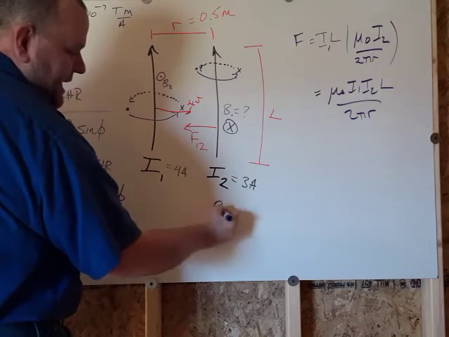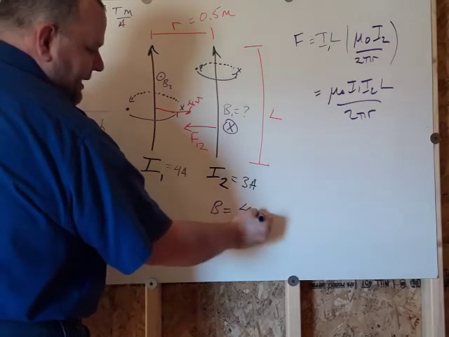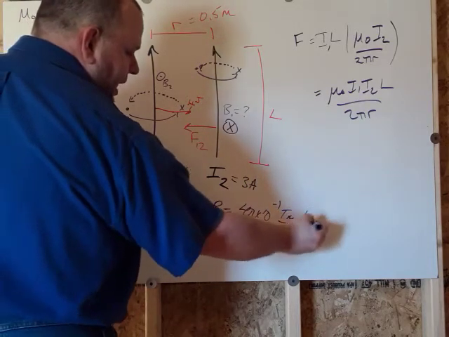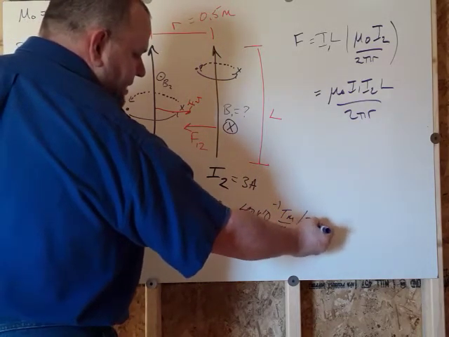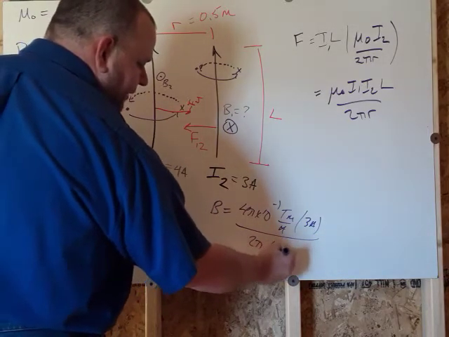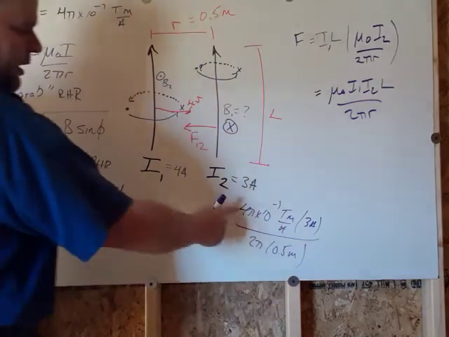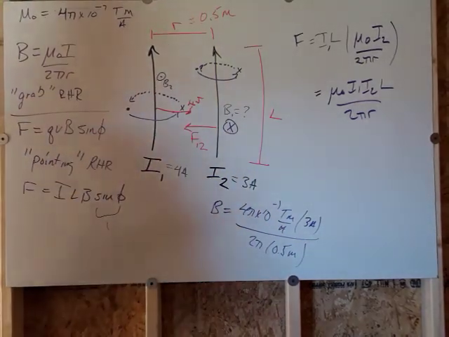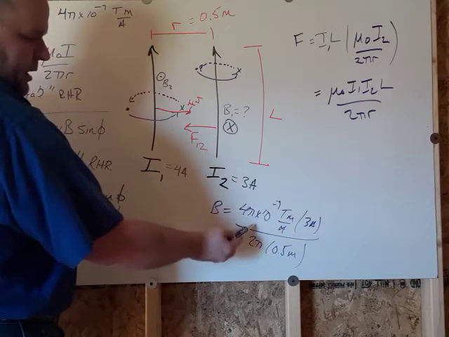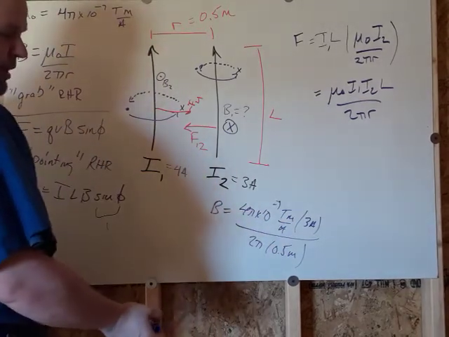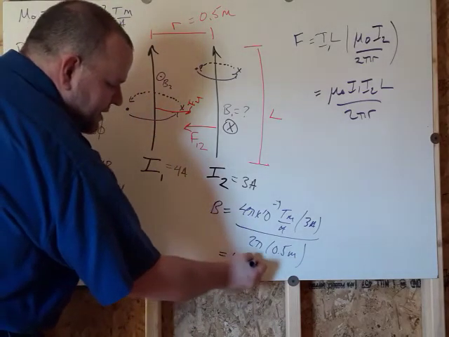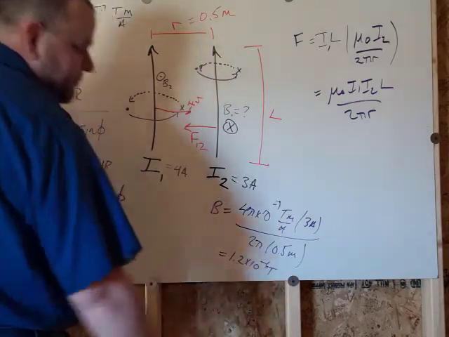That is, B is 4 pi times 10 to the minus 7 Tesla meter per amp times 3 amps over 2 pi times 0.5 meters. And so you'll get, this is going to end up being 2 times 10 to the minus 7 times 3 times 2. And so that'll be 1.2 times 10 to the minus 6 Tesla.